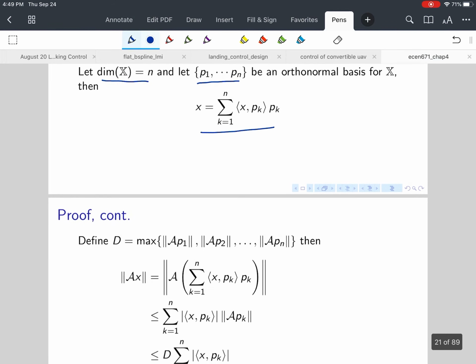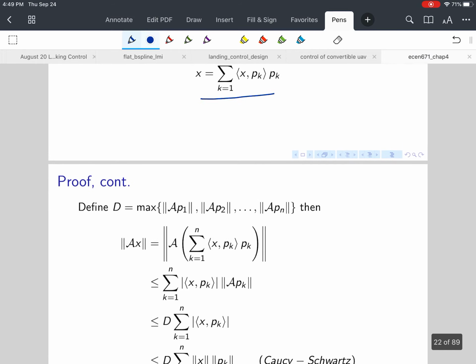Now what we're going to do is let d be the maximum over the norms of A operating on P1, A operating on P2, all up to A operating on Pn. There's only n of them, so it's not an infinite sequence, so there'll be a maximum. So let d be the absolute maximum.